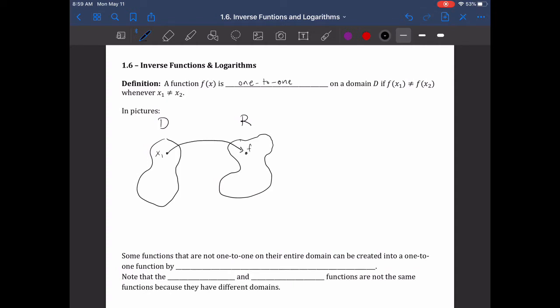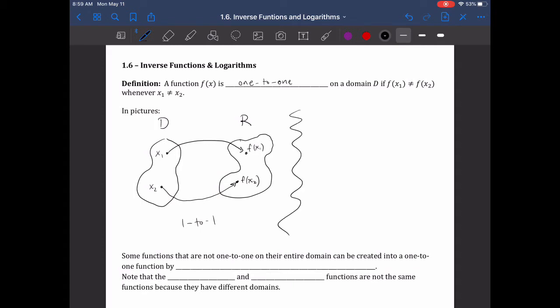This would be f of x1, and x2 would map me over to some other point like this, f of x2. And this is going to be one-to-one. Every single input maps to a unique output. This is 1 to 1.